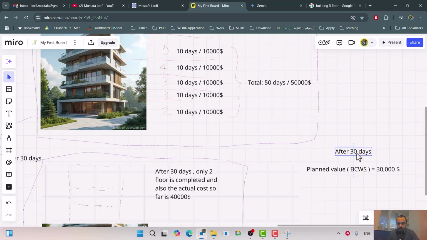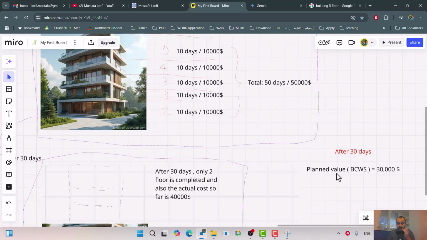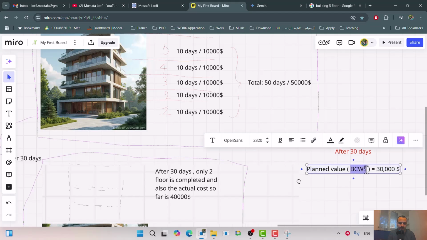Let me put it here, change the color. Okay, the BCWS or planned value is 30,000. Okay, because as I mentioned, if you consider this old name BCWS, budget cost for work scheduled, how much your budget or planned cost was to spend for the work that you scheduled to deliver.